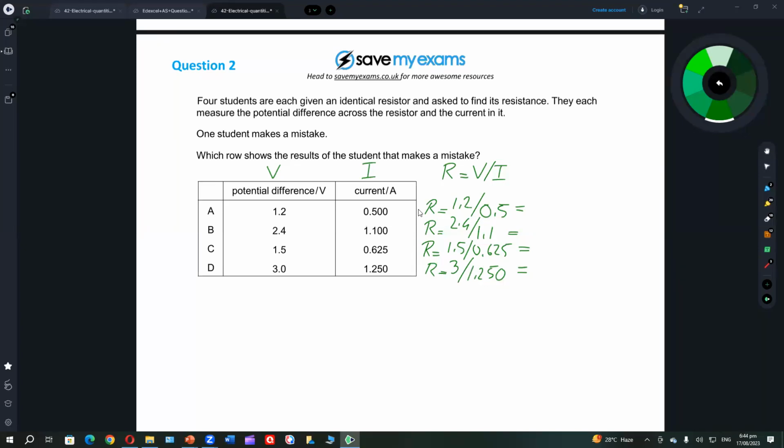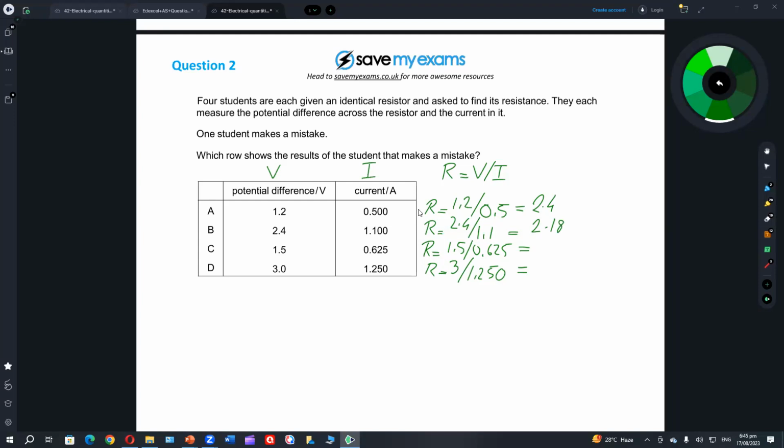Tell me the values. What is the value for A? 2.4. The B? 2.18.